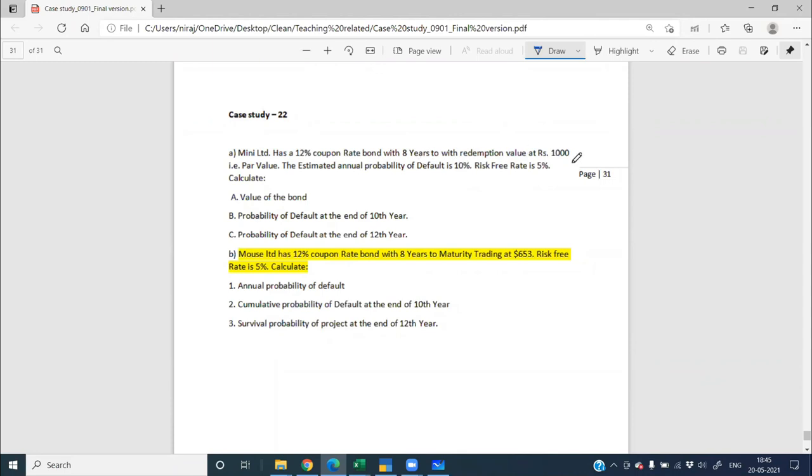Redemption value is ₹1,000 par. The estimated annual probability of default is 10%. Okay, risk-free rate of return is 5%. If annual probability of default is 10%, so can I say that my certainty is 1 minus 10, 90%?